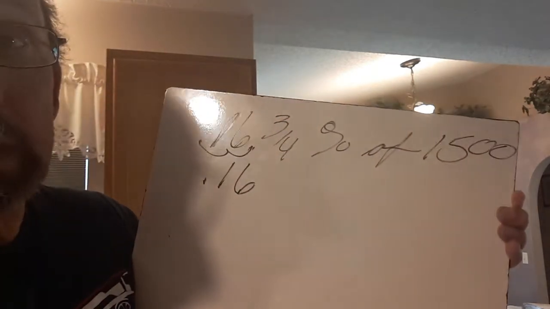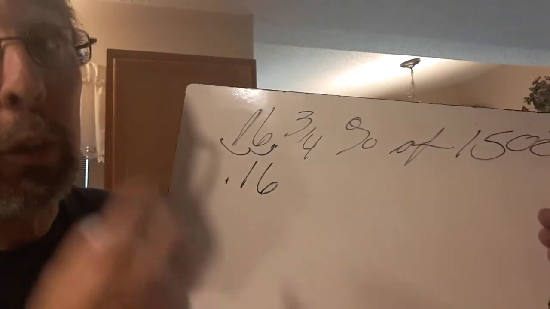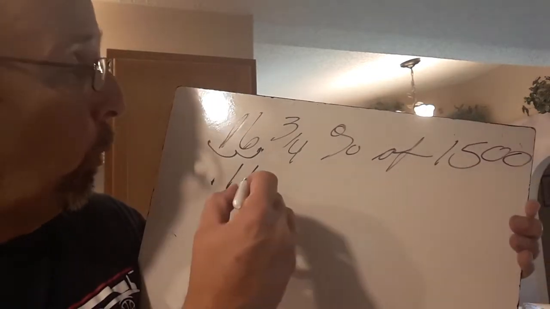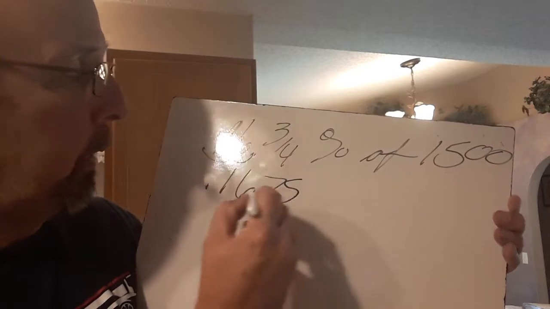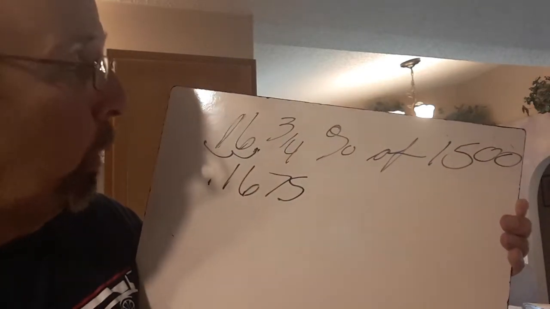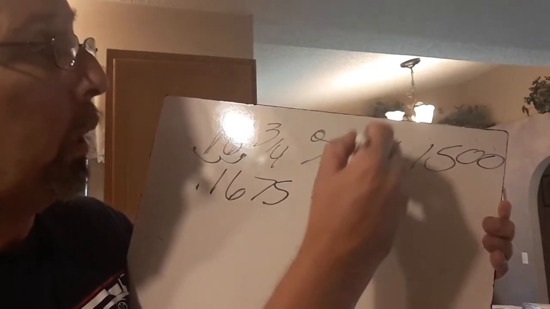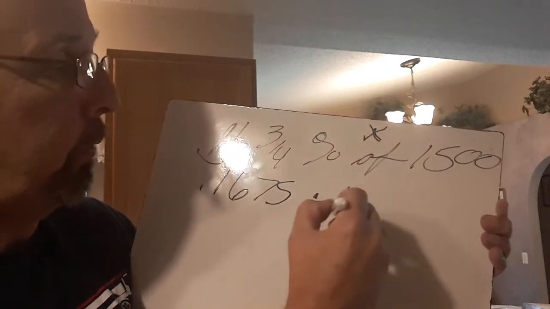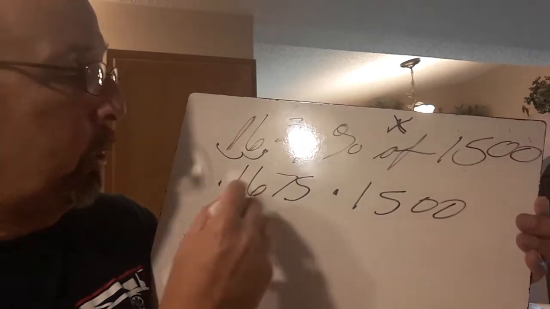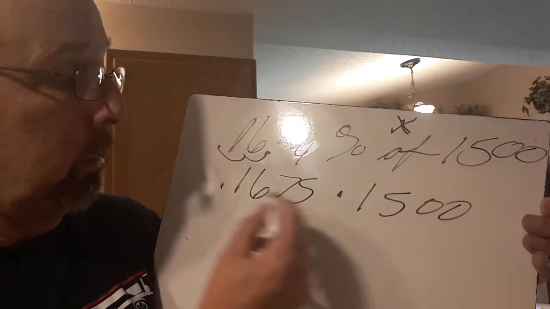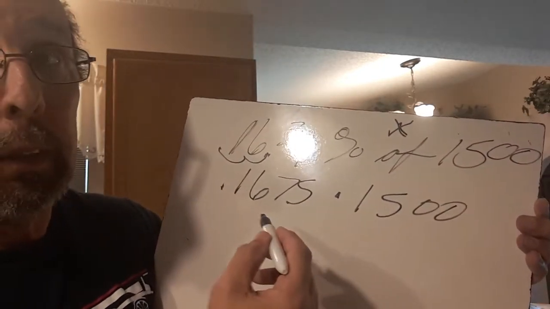Now, what's 3/4 as a decimal? You know that. You should have it memorized by now. 0.75. Then you just add that decimal equivalent on the end. 0.1675 times, that's what of means, 1,500. Do the multiplication, get your answer, make sure you move 4 decimal places. That's what's there. All right.